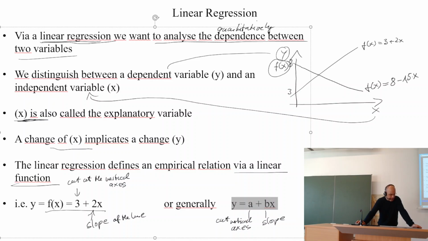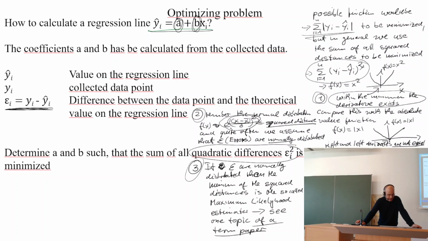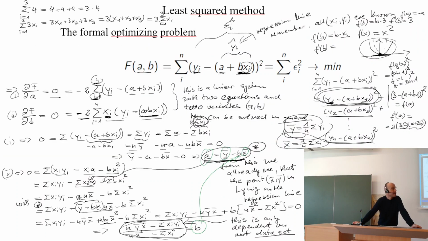Last time I gave you this huge theoretical calculation, because what we want to do is this: every data point has some distance to our regression line. Maybe some data points lie right on the line, but in general there is a distance between the fitted line and my actual data.